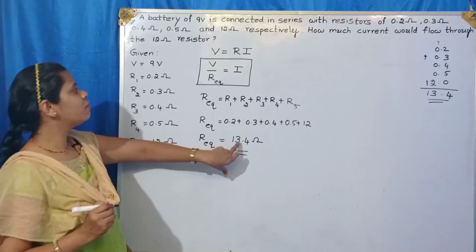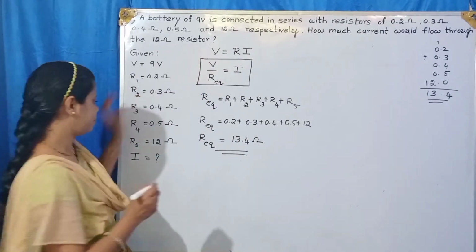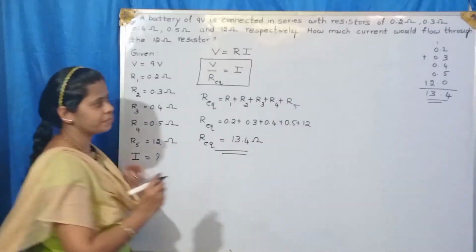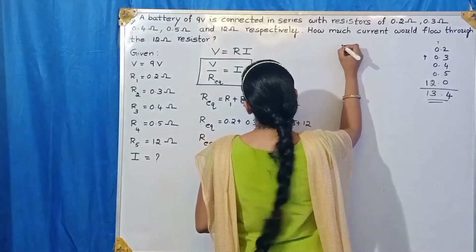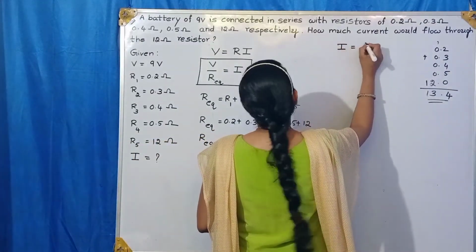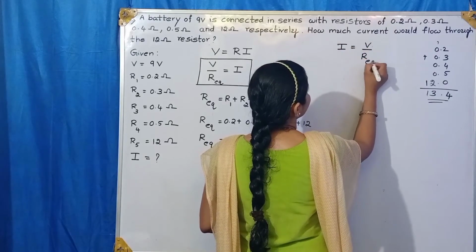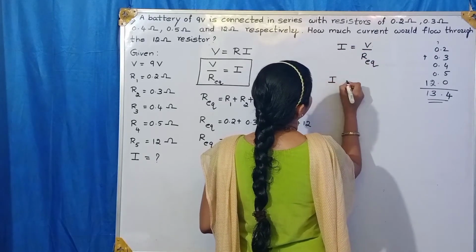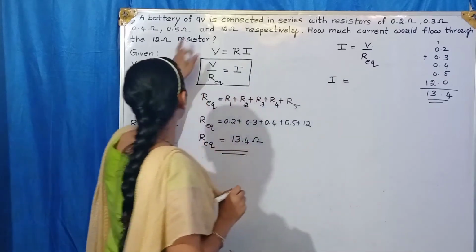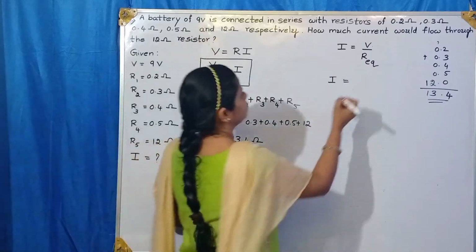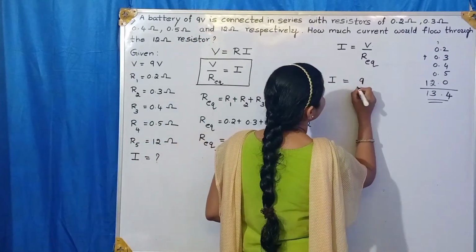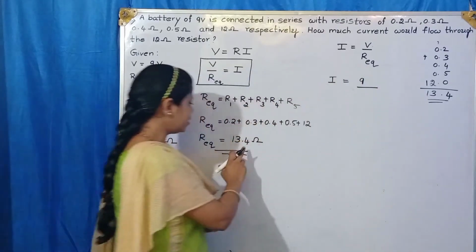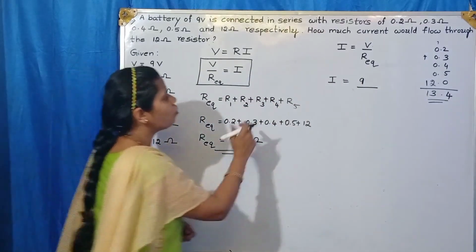Now substitute this value in this equation. That is, I is equal to V by R equivalent. V is 9 volt. 9 divided by R equivalent, which is 13.4 ohm.